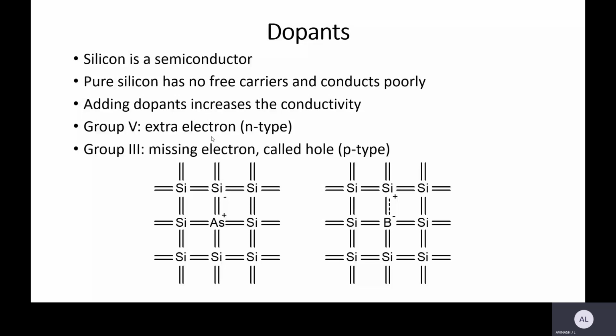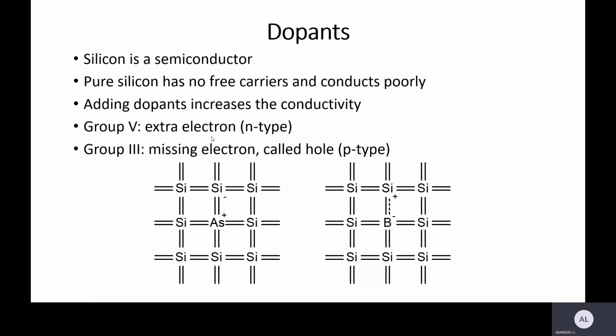Now silicon is a group 4 element. So we have a provision of adding an impurity from group 5 or group 3. In group 5, we have an extra electron. That means when we put in the dopant, group 5 means there are 5 electrons, so if you put that material into the silicon, we'll get an extra electron.